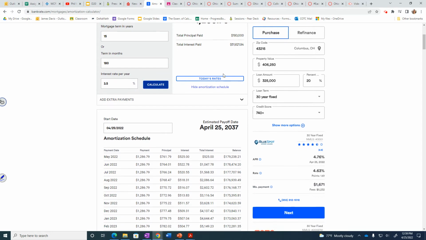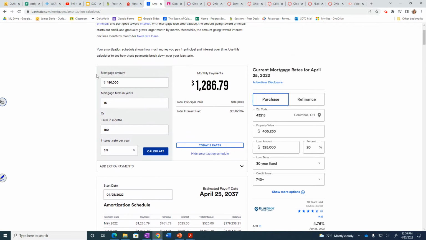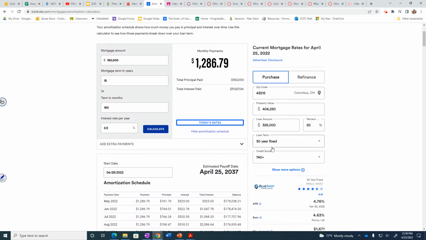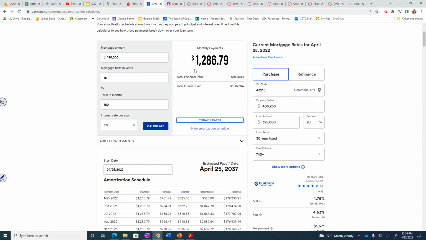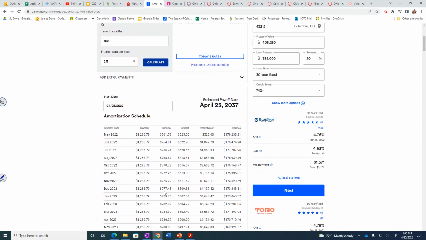Okay, and this is good because when you look at the beginning, you're actually paying more towards the principal than you are in interest already at the beginning. So this is good because since you're paying it off a lot faster, you're paying a greater chunk of your mortgage each time, and you're not wasting as much money in interest. So if you can afford to do the 15-year loan, that's definitely a good thing. If you can afford to lower it to 15 years, you end up paying a few hundred more a month, but you're going to pay it off a lot faster, and you're going to save a lot of money in interest too.